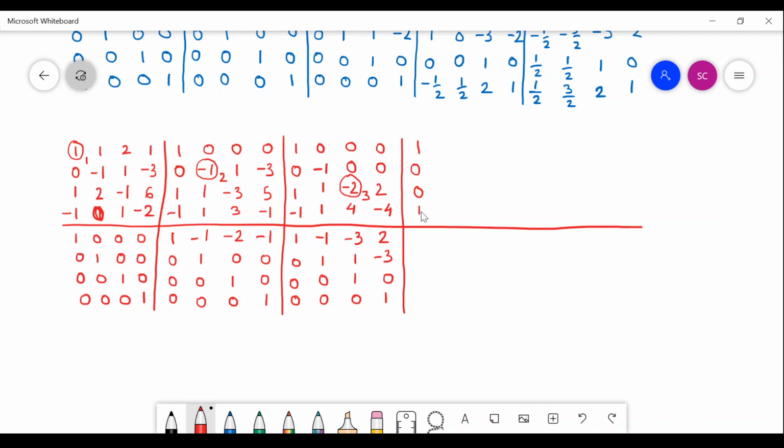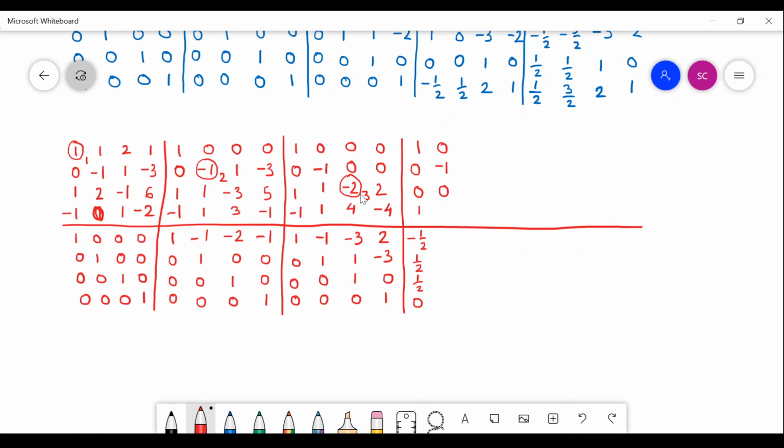So you are getting 1 here. This is becoming minus half. This is half, half, 0. This one is 0 minus 1, 0.